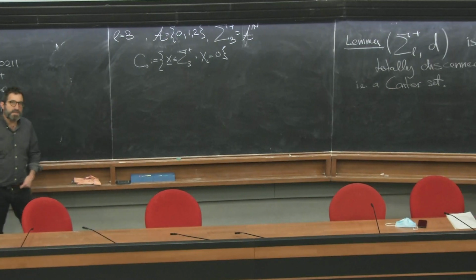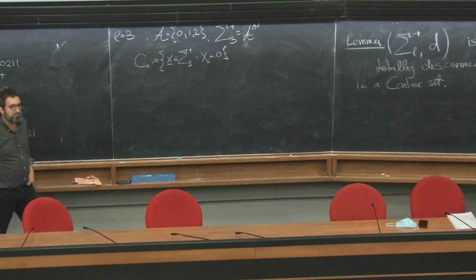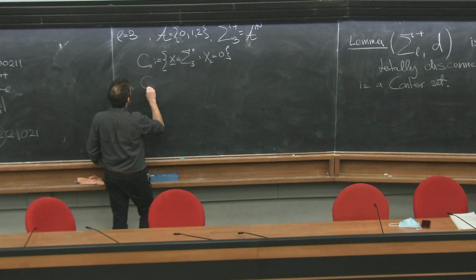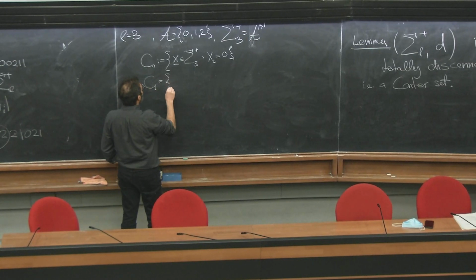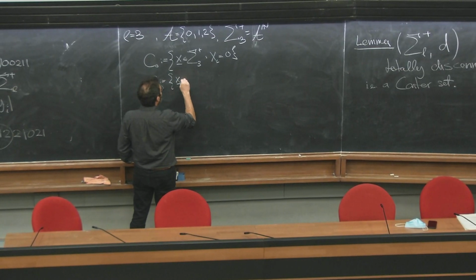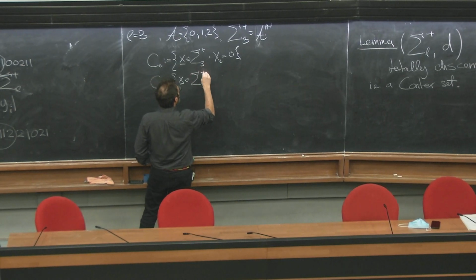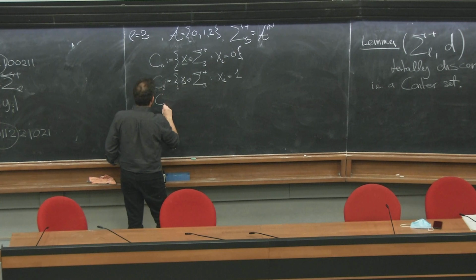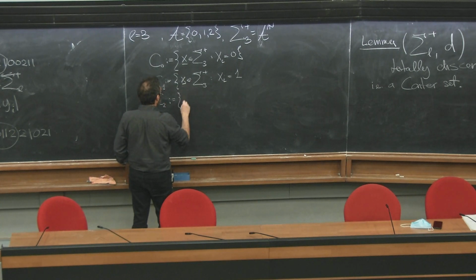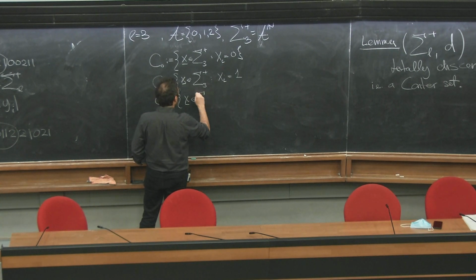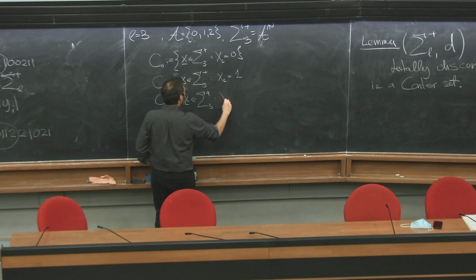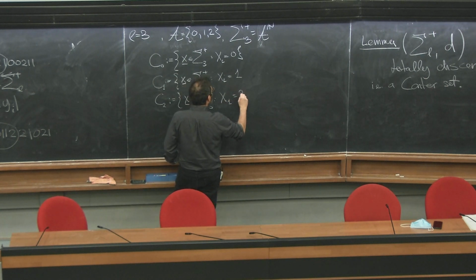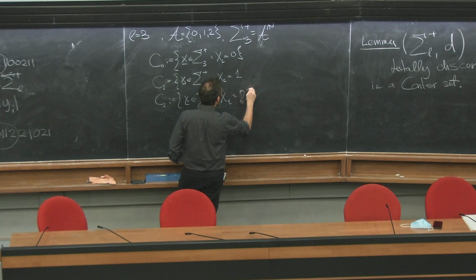So this is simply the set of all sequences that start with 0. Very simple. C1 is equal to the set of sequences that start with 1, and C2 equals the set of sequences that start with 2.